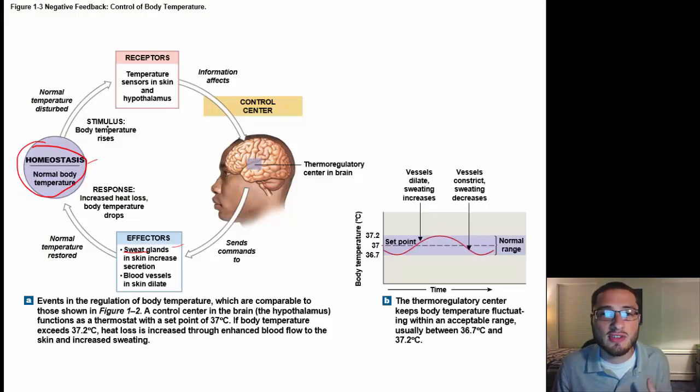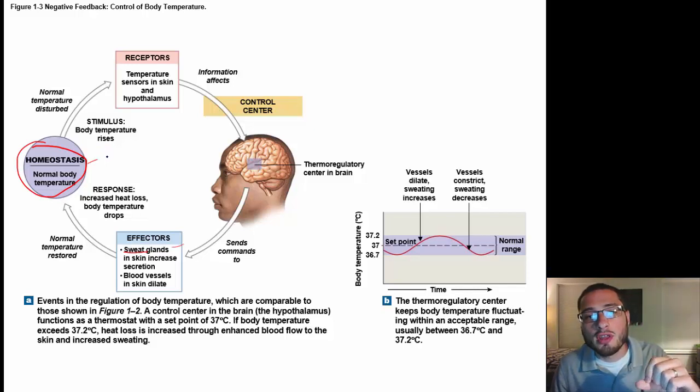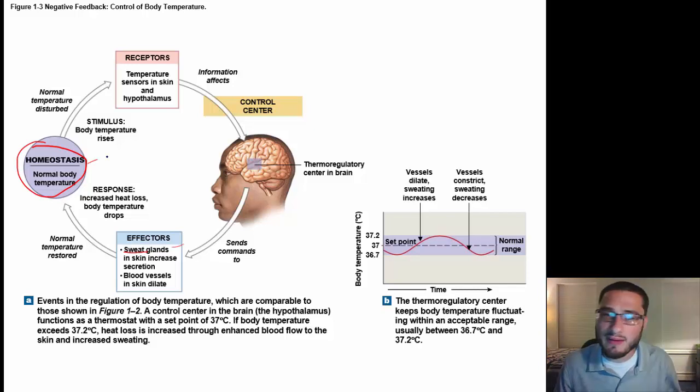All right, here is the real example, I should say, where we don't have this thermostat, right? We're not a house. We don't have an air conditioner. What we do have is a brain, and we have sensory cells on our skin, and they're going to sense temperature. They're going to relay that information to the hypothalamus in the brain, and the hypothalamus is going to say, hey, we're too hot right now, we've got to start sweating.